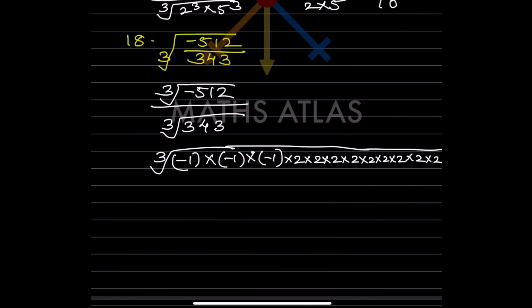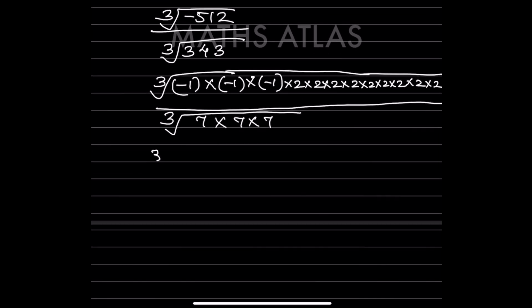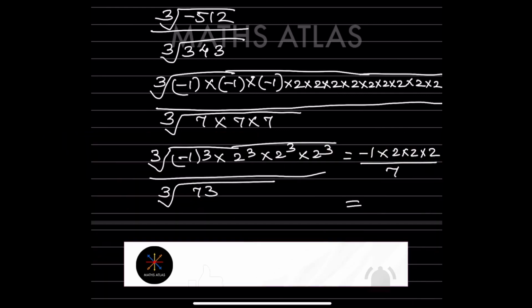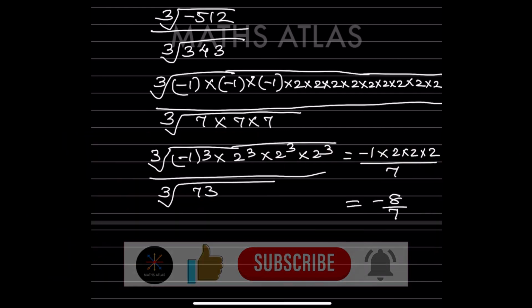Divided by, again this 343 should be 7 into 7 into 7. So that will be minus 1 cube into 2 cube into 2 cube into 2 cube divided by, so which is going to be minus 1 into 2 into 2 into 2 divided by 7, which will be minus 8 by 7.